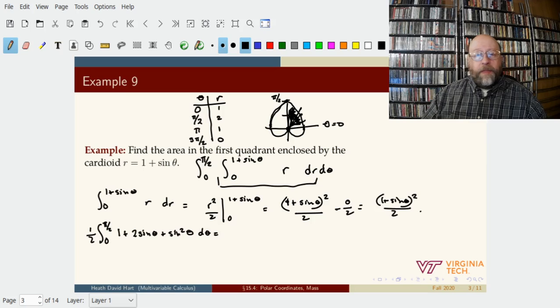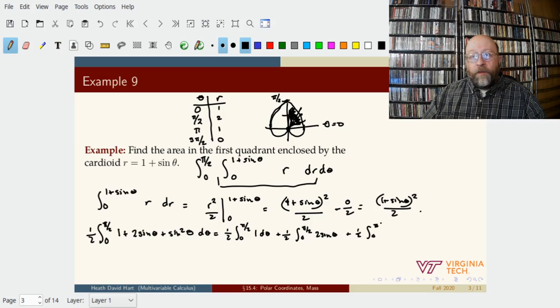And we can break this up into 3 integrals. So it's 1/2 times the integral from 0 to pi over 2 of 1 plus 1/2 times the integral from 0 to pi over 2 of 2 sine theta plus 1/2 times the integral from 0 to pi over 2 of sine squared theta.